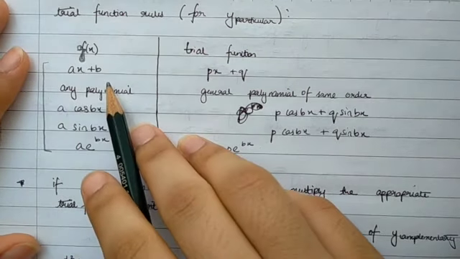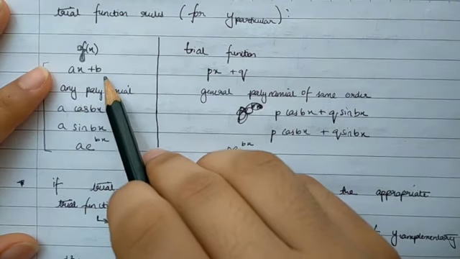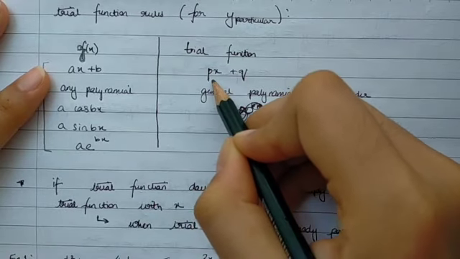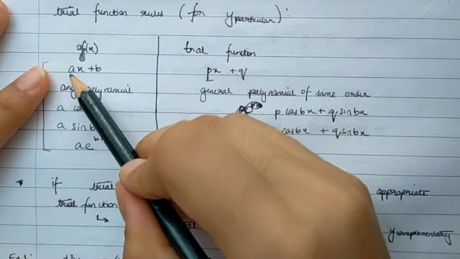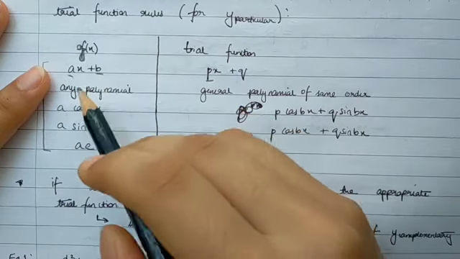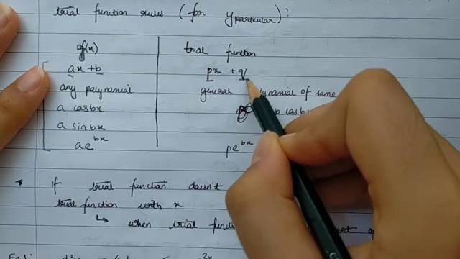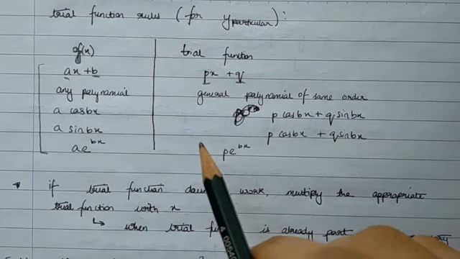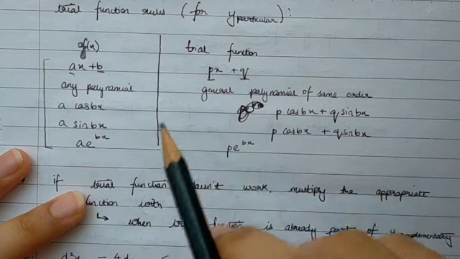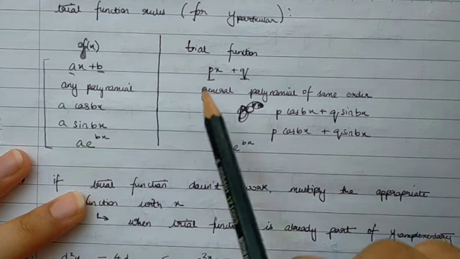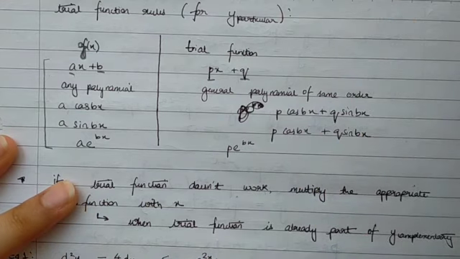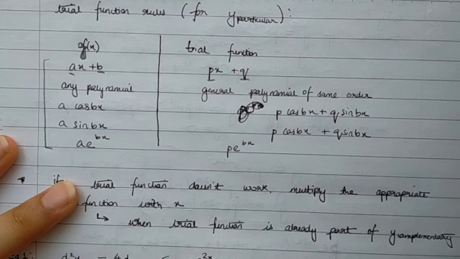So if it is a linear function, this is what is given in the function, and all you have to do is replace it with two different constants, which would be p and q. Again, as we looked at the example before, we use different constants so we can equate the solutions, compare the coefficients, and then solve for these constants to get our trial function.